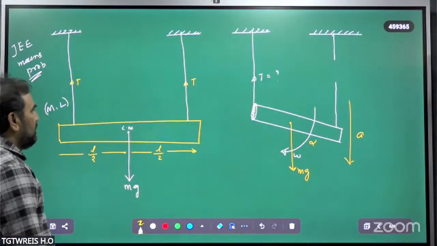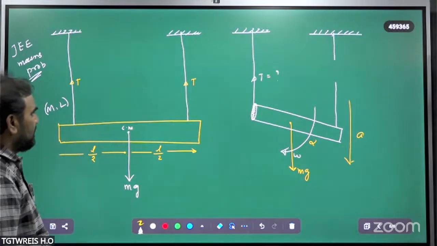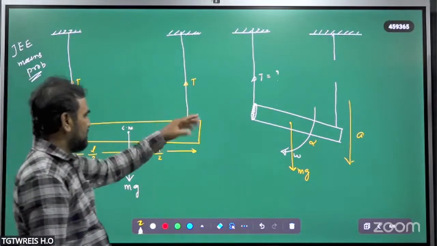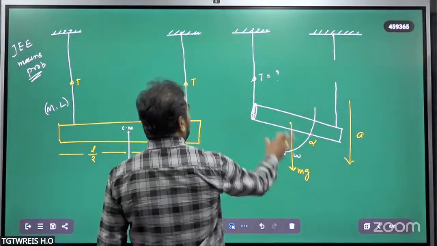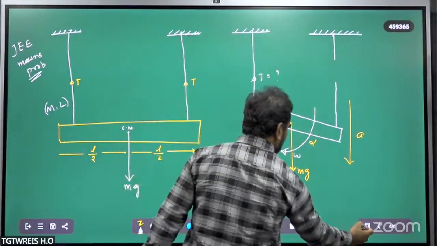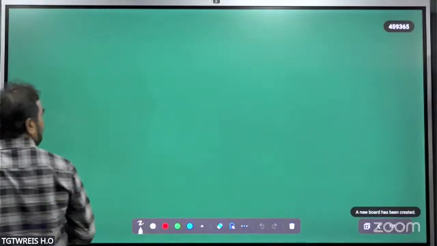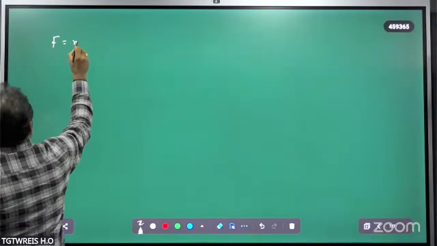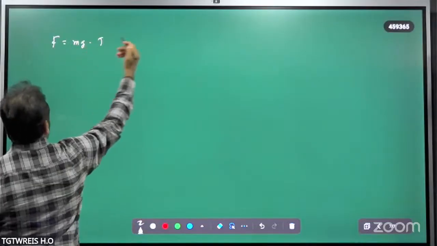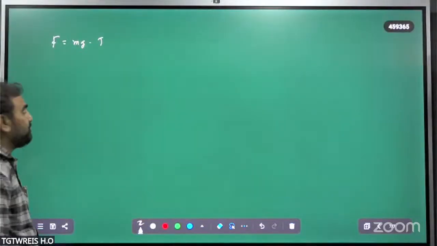Is it clear? So what is the net force acting on the rod? The net force is mg minus T, because it is coming downward now.